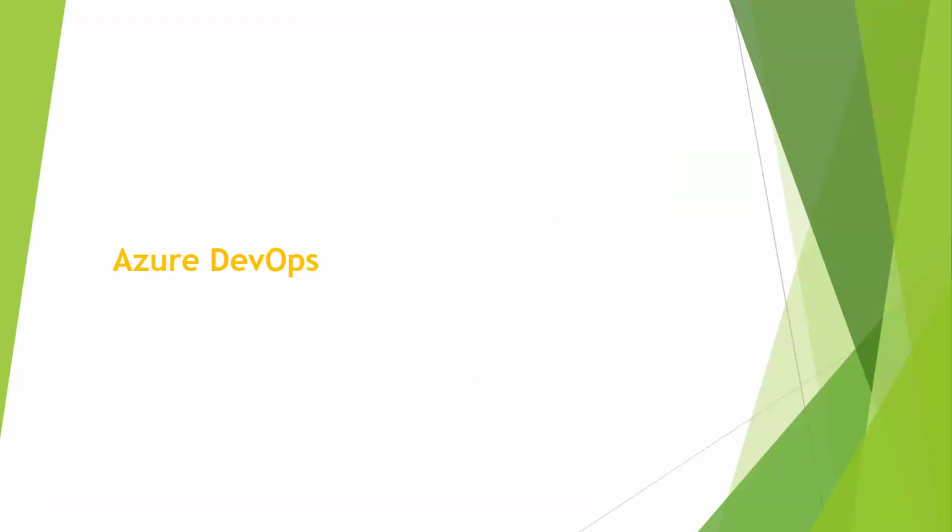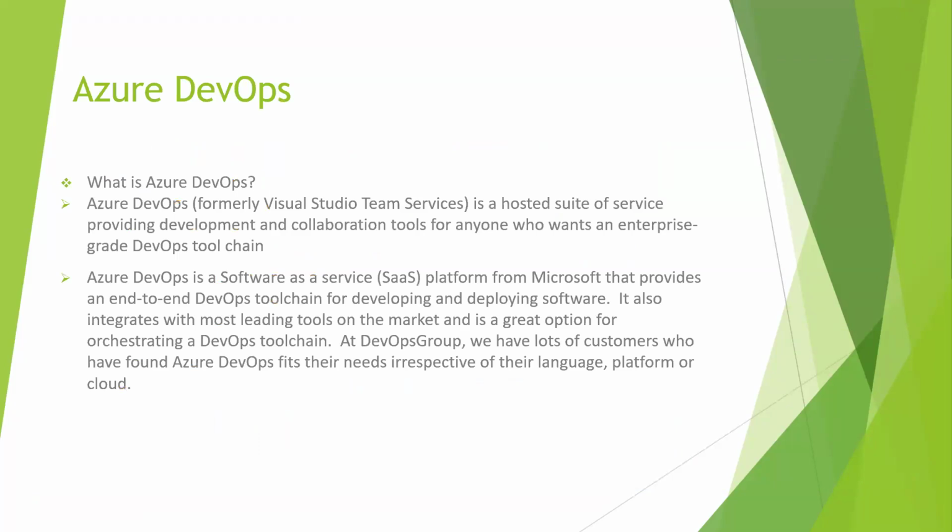So now, how can we overcome this with Azure DevOps? What is the advantage of Azure DevOps? So what is Azure DevOps first? Azure DevOps, formerly Visual Studio Team Services, VSTS, is a hosted suite of services providing development and collaboration tools for anyone who wants an enterprise-grade DevOps tool.